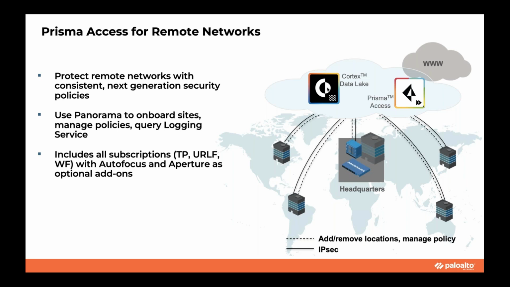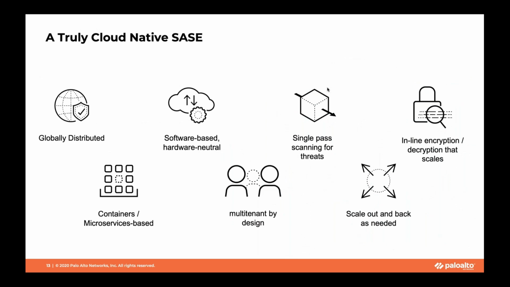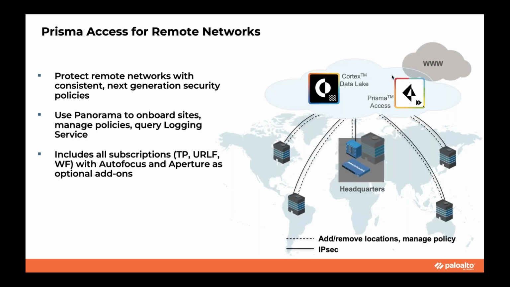So the only thing you need is Panorama on-premise or in the cloud, and we will see that there is also a full cloud variant of Panorama available. Okay, and on the other hand, which is not visible on this slide, we also have Prisma Access for mobile users, and then they will use the GlobalProtect client, but I have more information on one of the next slides.